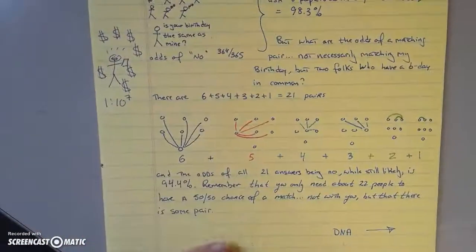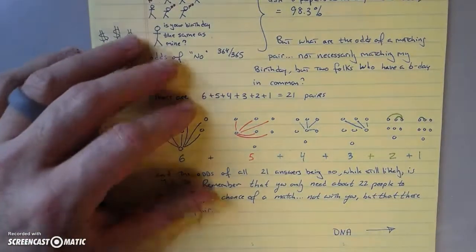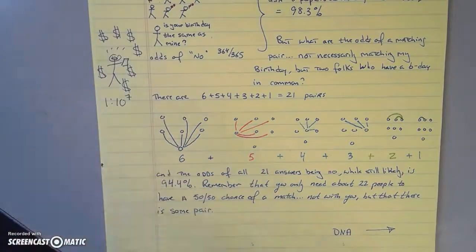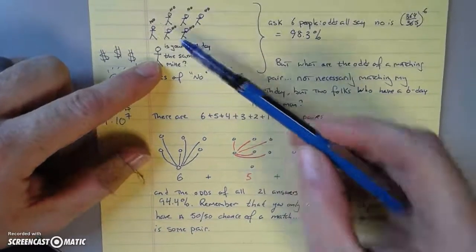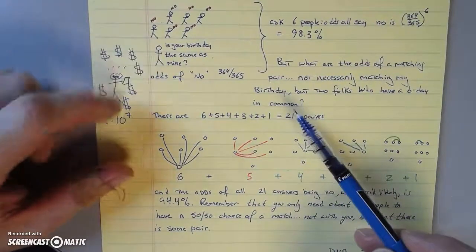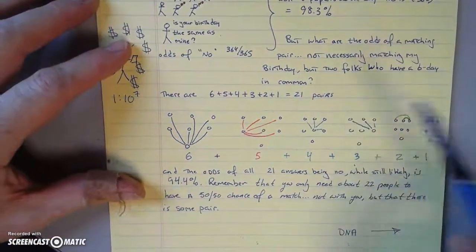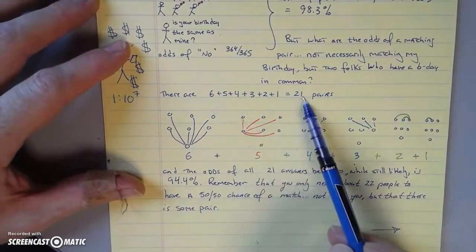So, anyway, with the birthday problem, the question is always about how many pairs. How many actual pairs are available? It's not a matter of me asking the number of people, but rather how many people can ask each other. So if we have 6 people, there are 21 pairs you can make.